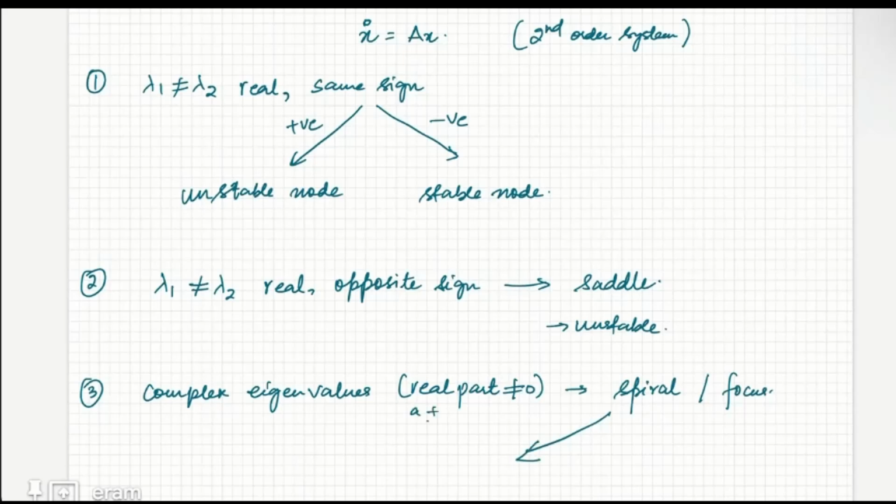Let's say the eigenvalues are of the form a plus minus ib. When the real part is greater than 0 then we have an unstable focus, and when the real part is less than 0, meaning negative, we have a stable focus.